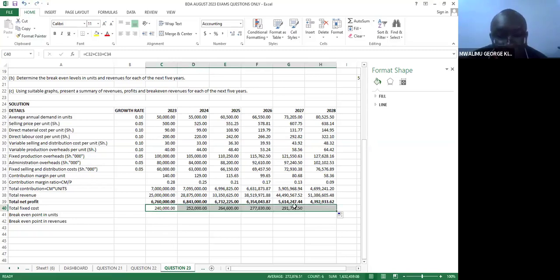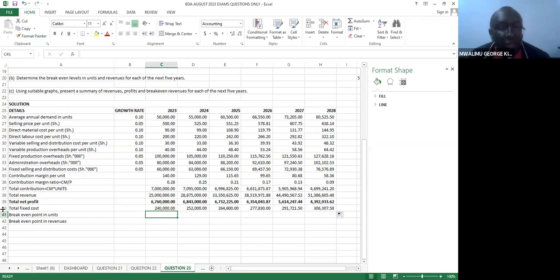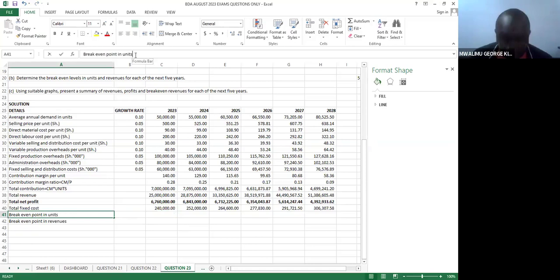Those are the total fixed costs. So the break-even point in units, maybe I can specify the formula, is equal to fixed costs divided by contribution margin.